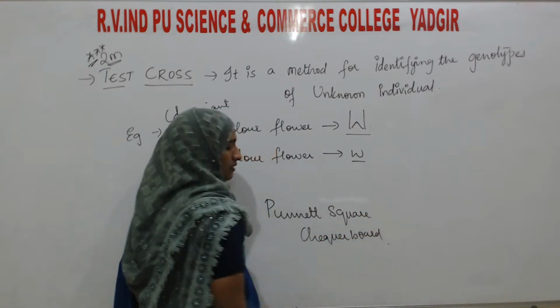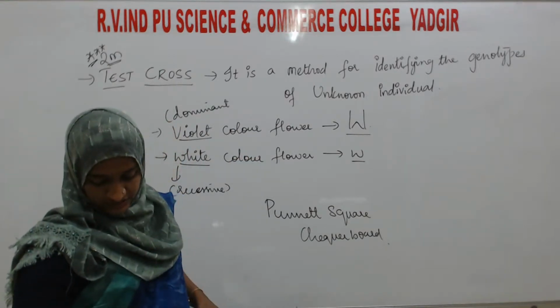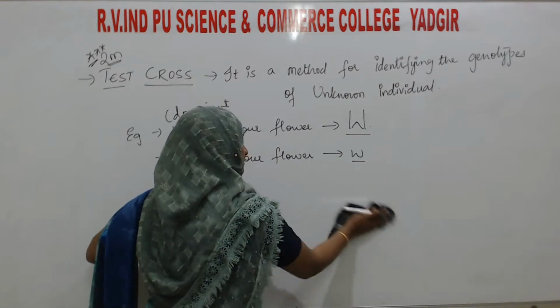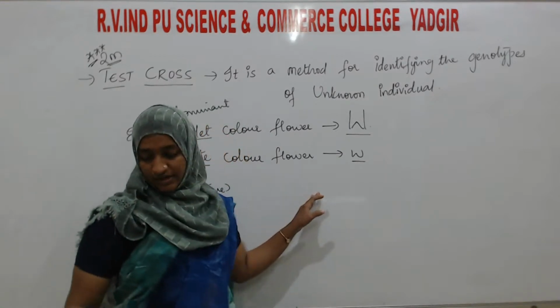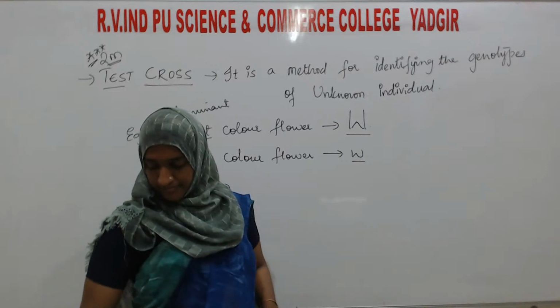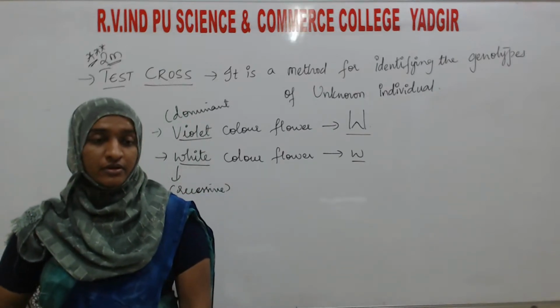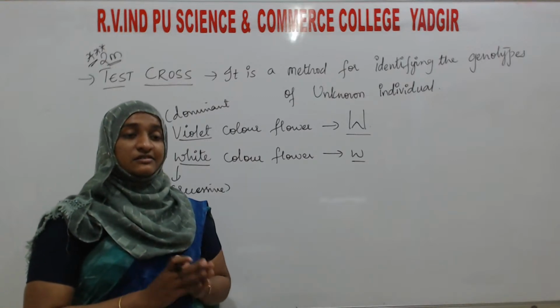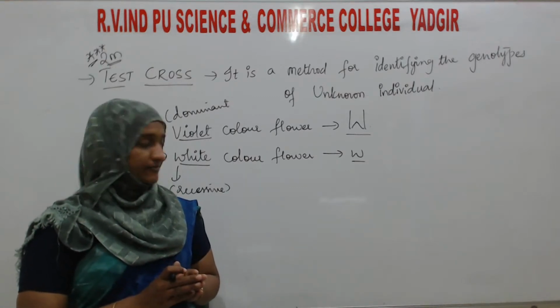Next here you see, what he did means he has crossed two things. Here you see, one is by taking two conditions, that is homozygous recessive. Here you see.